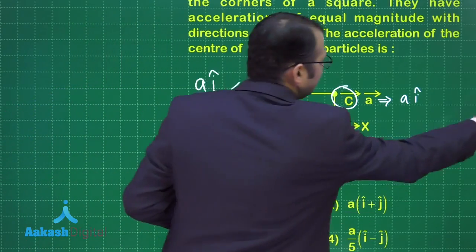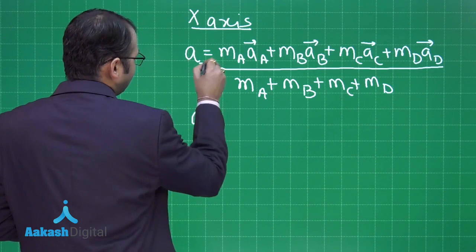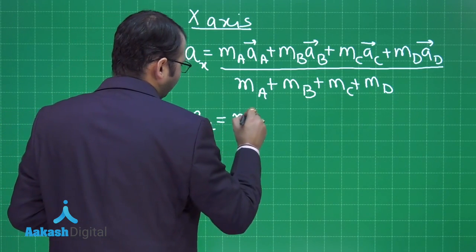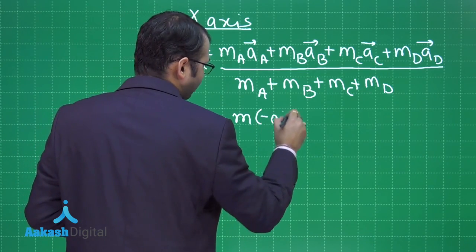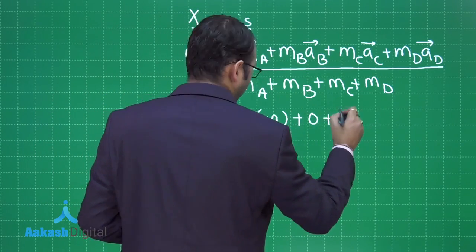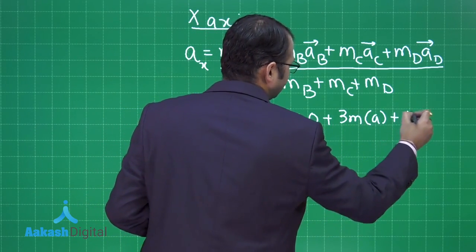So putting the values in the formula, let's mark it AX. AX would be, for A, M into minus A, plus for B it would be 0, for C it would be 3M into A, plus for D it would be 0.